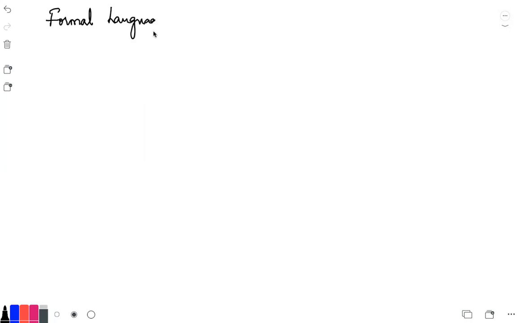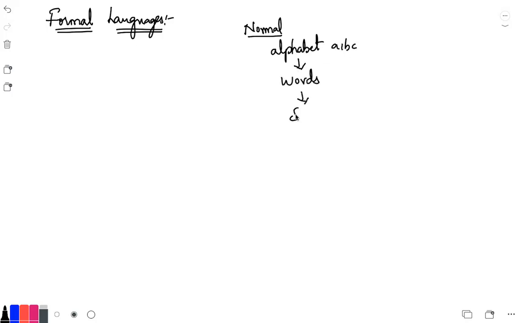So now we'll start with some basics of formal languages. The difference between formal language and a normal language, for example, English. English is a normal language, not a formal language. In English, the basic unit is the alphabet, like A, B, C. From alphabets, you have words. Words make sentences, and all the sentences plus grammar make a language.